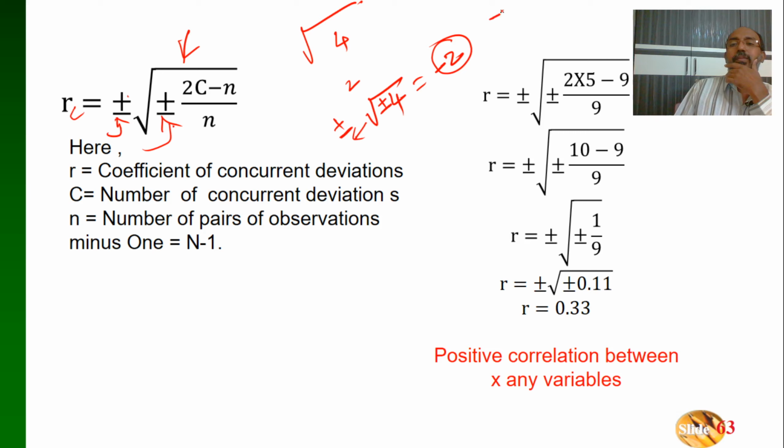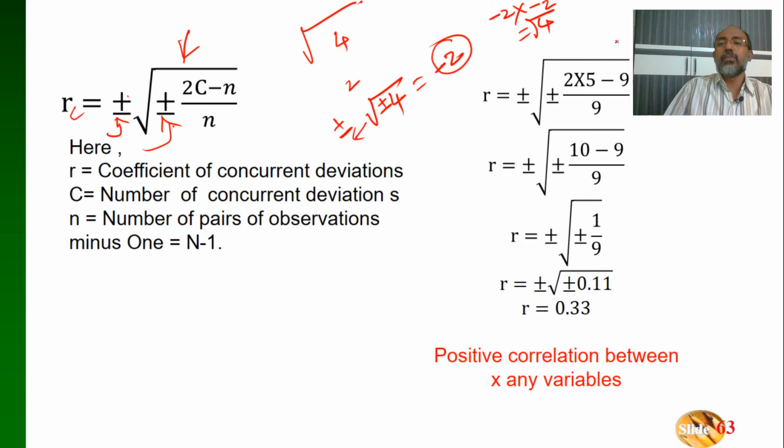Actually, minus 2 into minus 2 also has the value of 4, under root, but even though you get minus 4, you have to calculate the root. This is the major limitation of the concurrent deviation method, where mathematicians cannot accept this kind of deviation from leaving the minus and plus values as they are.